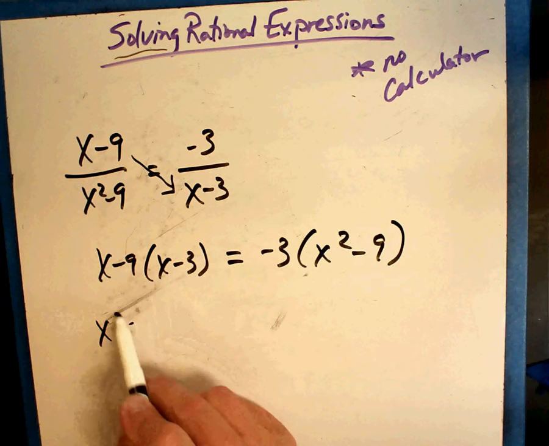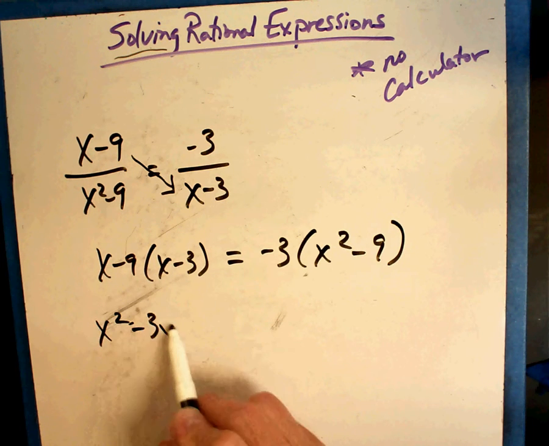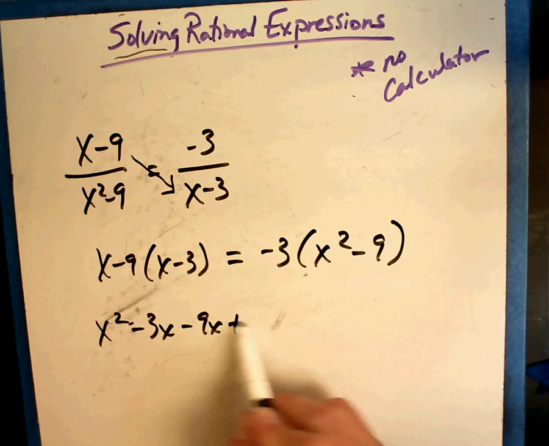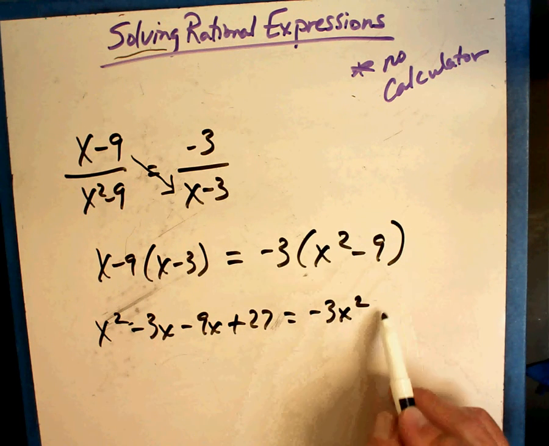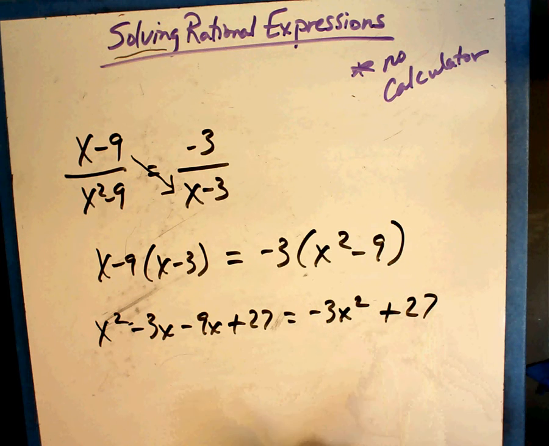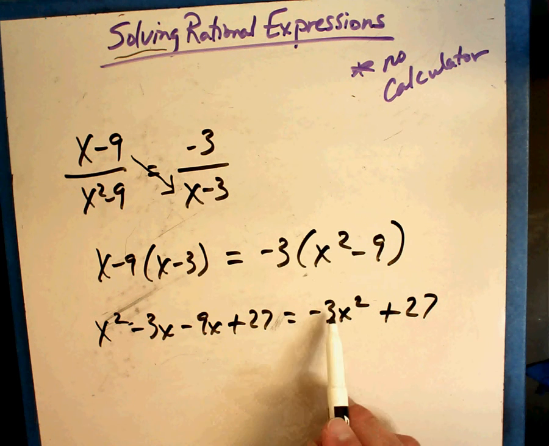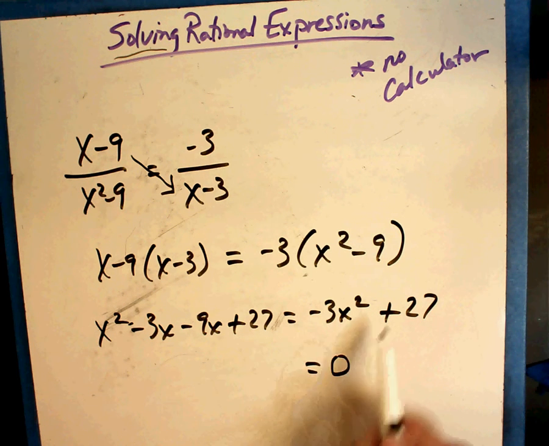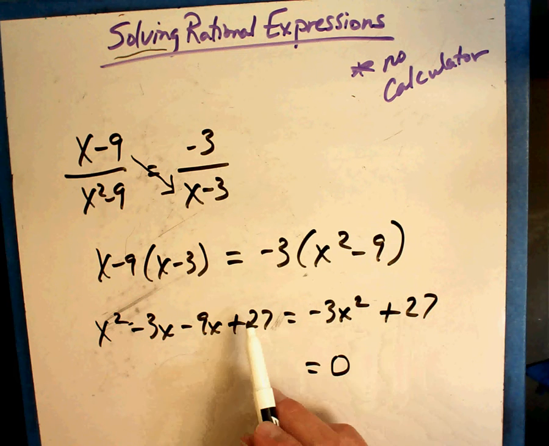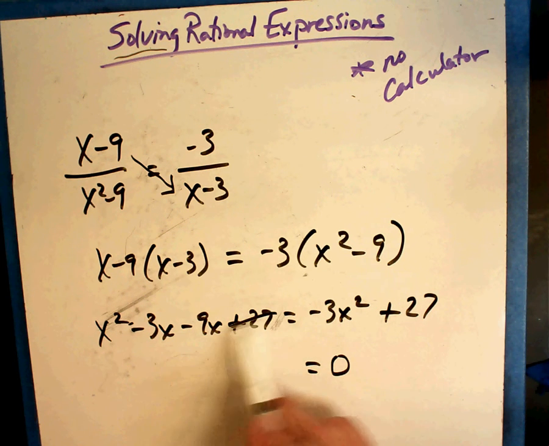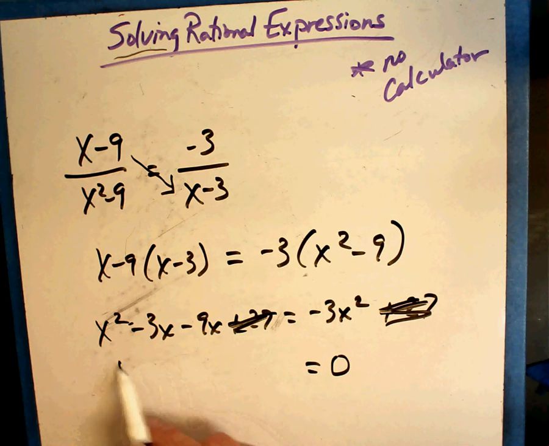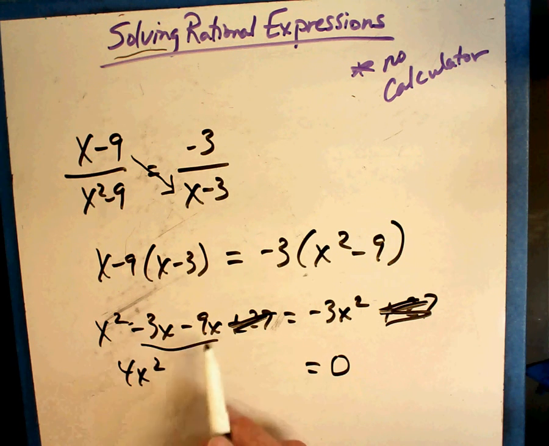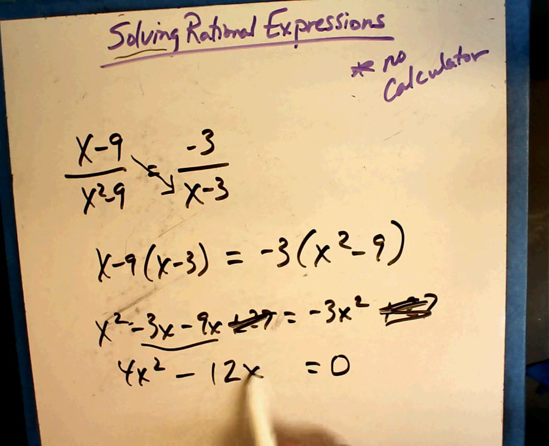Multiply through: x squared minus 3x minus 9x plus 27 equals minus 3x squared plus 27. Put everything together, equal to 0, and so I'm going to subtract 27 over here, so actually the 27's go away. Add 3x squared, so that's 4x squared minus 12x.